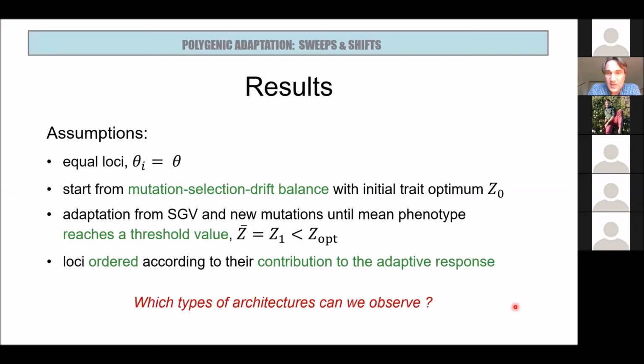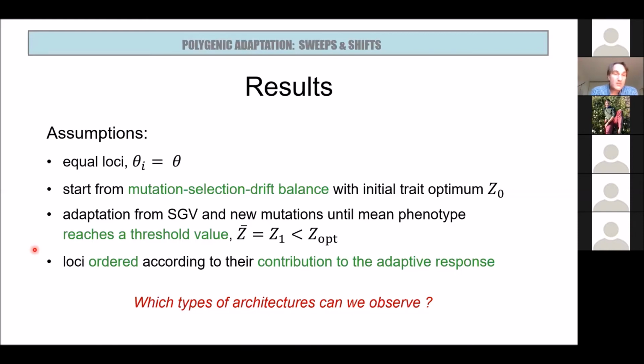So we have an initial trait optimum at Z0, and we follow this adaptation from standing genetic variation and also new mutations until the mean phenotype reaches a new threshold value at Z1, as I've shown you initially on the model slide.